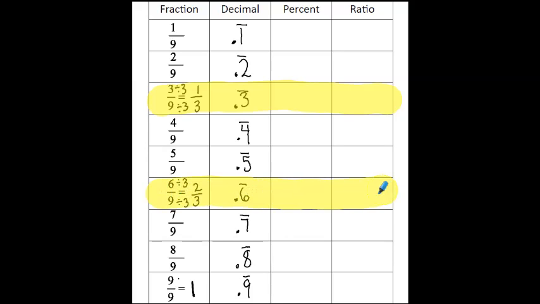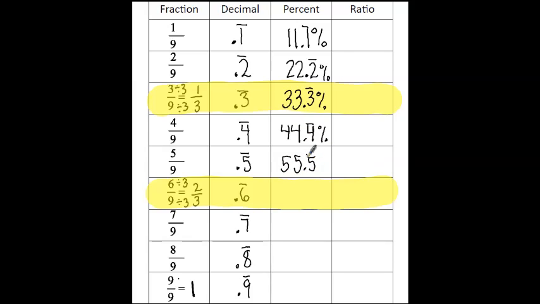So if I remember the rule for the ninths, then I can remember the rule for the thirds as well. If I move it 2 places over to the right, I get 11, point that 1 that keeps repeating. If I double that, I get 22.2 repeating, 33.3 repeating, and I keep on adding 11.1 repeating percent, and I get all of the following percents.